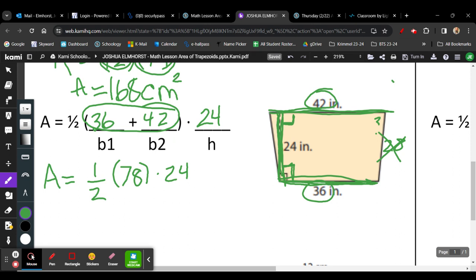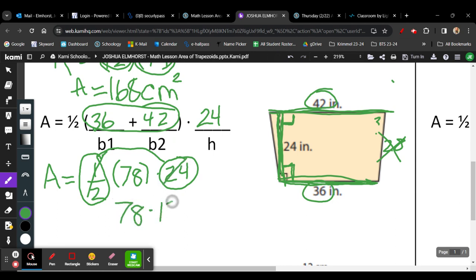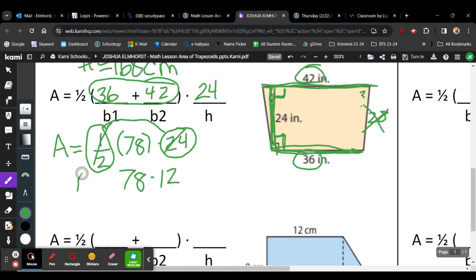For this step, you can either multiply 78 times 24 and then divide by 2, but could we apply mental math and take 1/2 of 24 first? What's half of 24? 12. So we could divide something by 2 before instead of multiplying and then dividing by 2 later. So 78 times 12 would give us the total area.